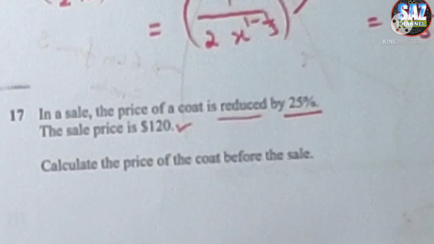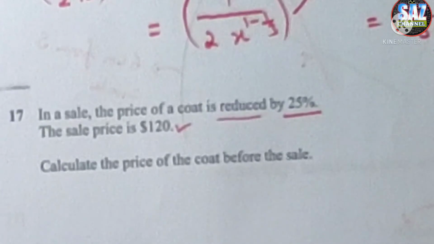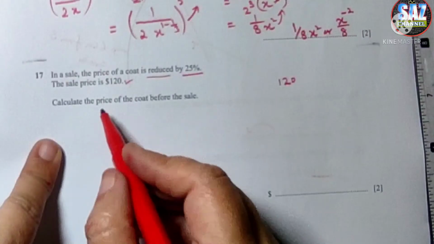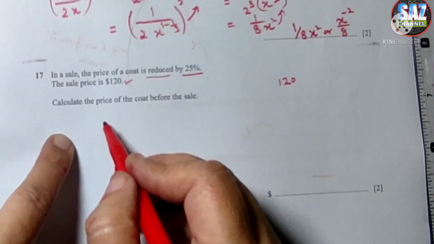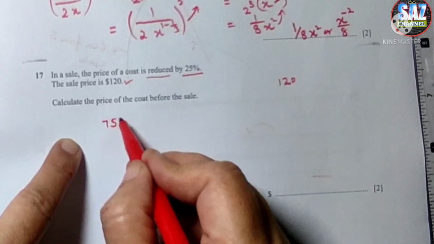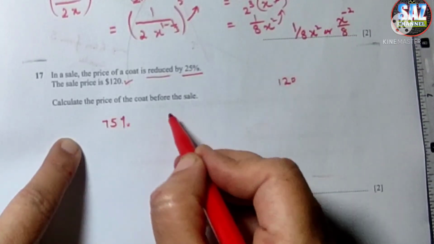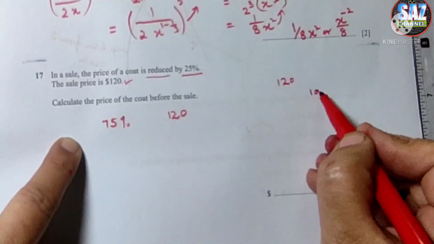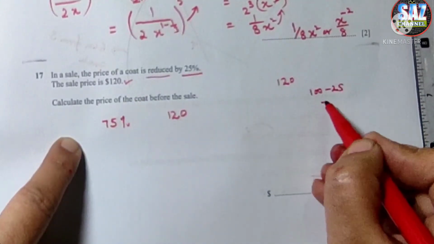So if the actual price is taken as 100%, we can use the ratio method. If the price is reduced to 75%, we have to pay 120 rupees, because 100 minus 25 is 75.